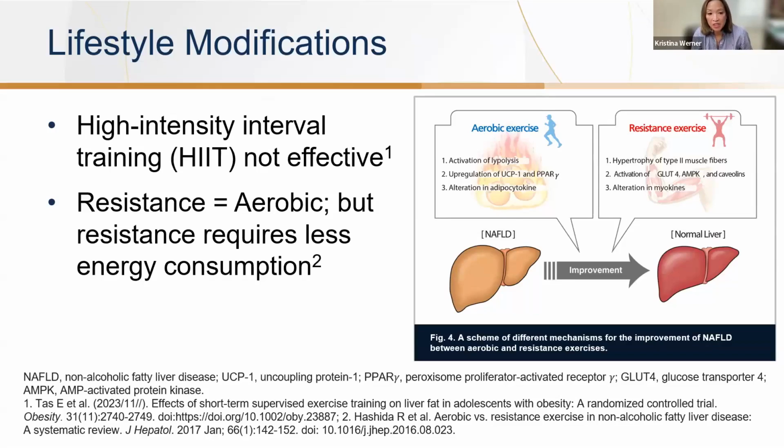And then the combination approach, using aerobic and resistance, is best. However, practical tips: encourage gradual increase, start with about 10 to 15 minutes per day, tailored to mobility, preferences, and comorbidities of the patient. And consistency matters more than the intensity.